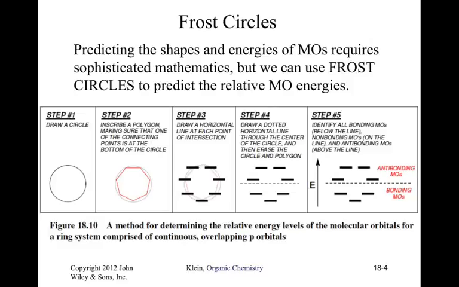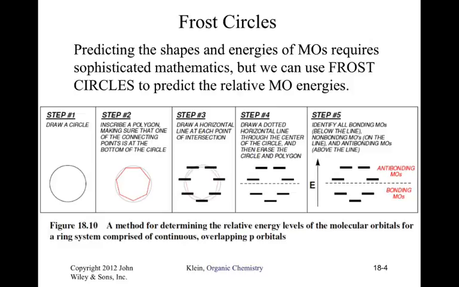We then want to inscribe the shape of our organic molecule within that circle. We want to make sure that one of your points, your lowest energy, is at the very bottom. That makes sense because we'll only have one lowest energy molecular orbital where they're all overlapping. So that explains why the point needs to go down.